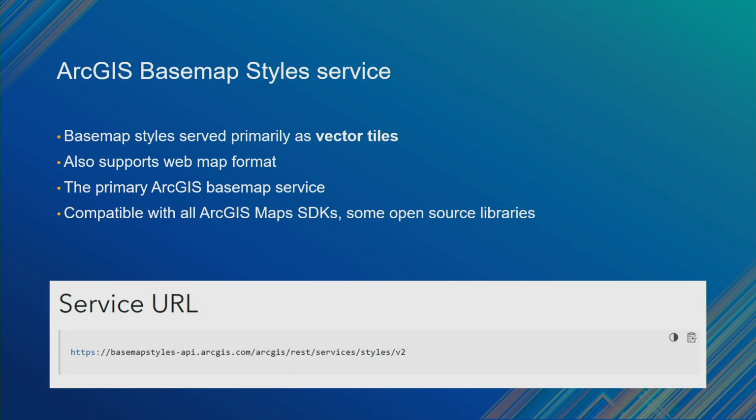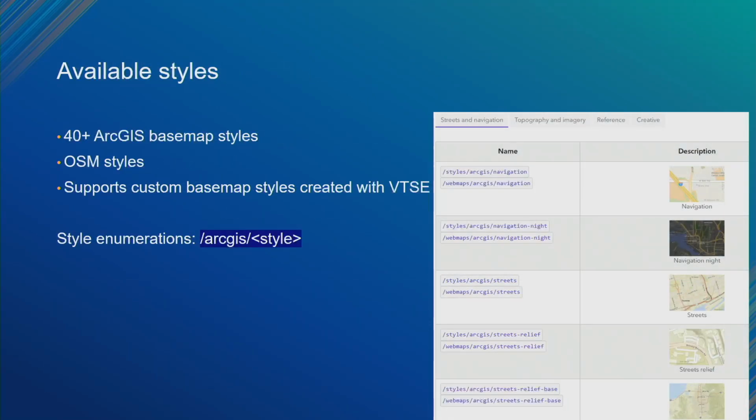It serves data either as Mapbox style JSON or as the web map. And you can see the service URL there. But if you're using a Maps SDK, you won't need to even know the URL. So there's all sorts of styles available. I think in terms of ArcGIS basemap styles, we have over 40. There's also OpenStreetMap styles offered.